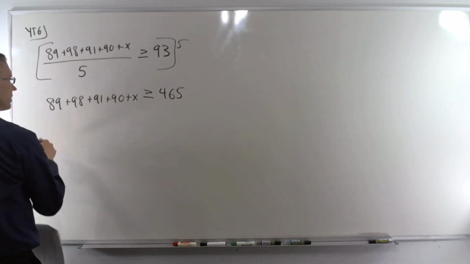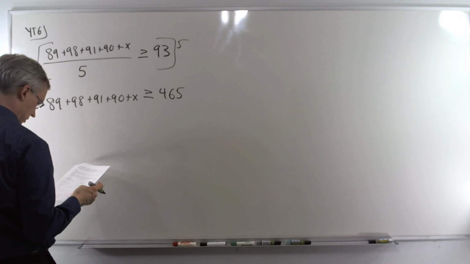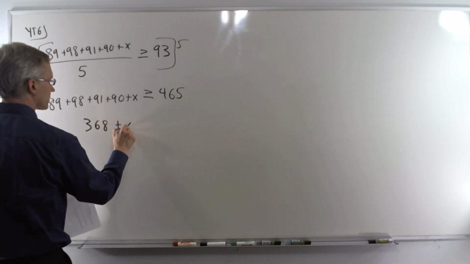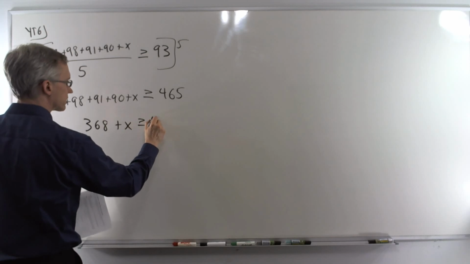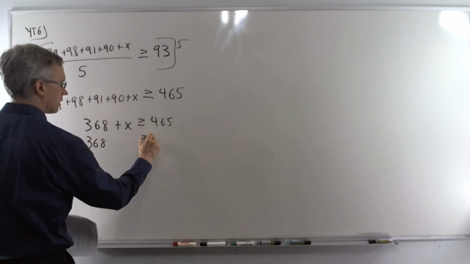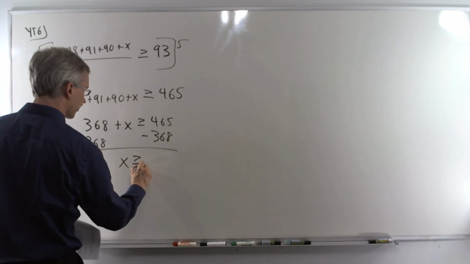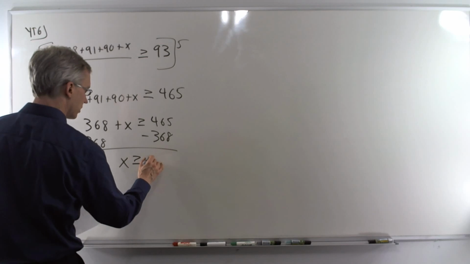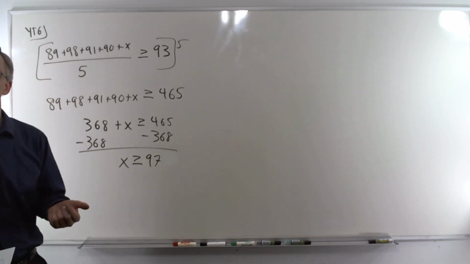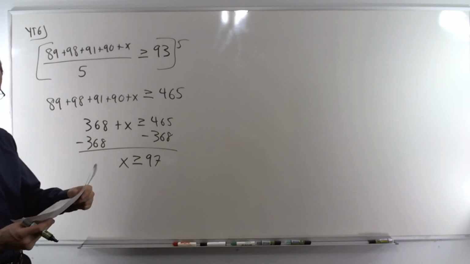Now we're going to add up all these and get 368 plus x is greater than or equal to 465. Subtract 368 from both sides, and we get x greater than or equal to 97. So that student needs to score at least a 97 on the 5th exam to get a 93 for the class.